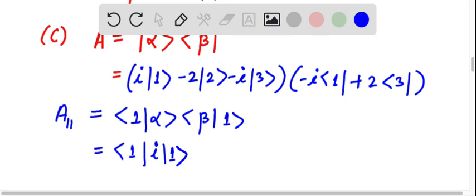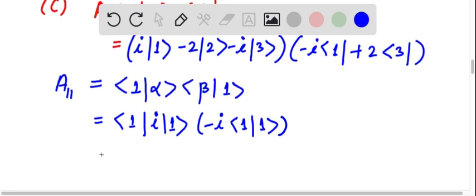So the value of this is i, and the value of this is minus i. Hence i squared is minus 1, and with the minus sign it will be plus 1.